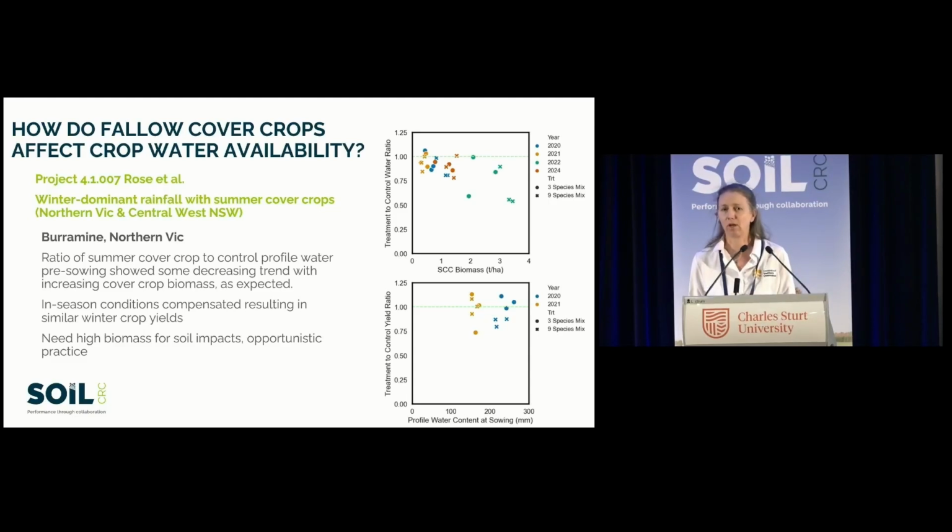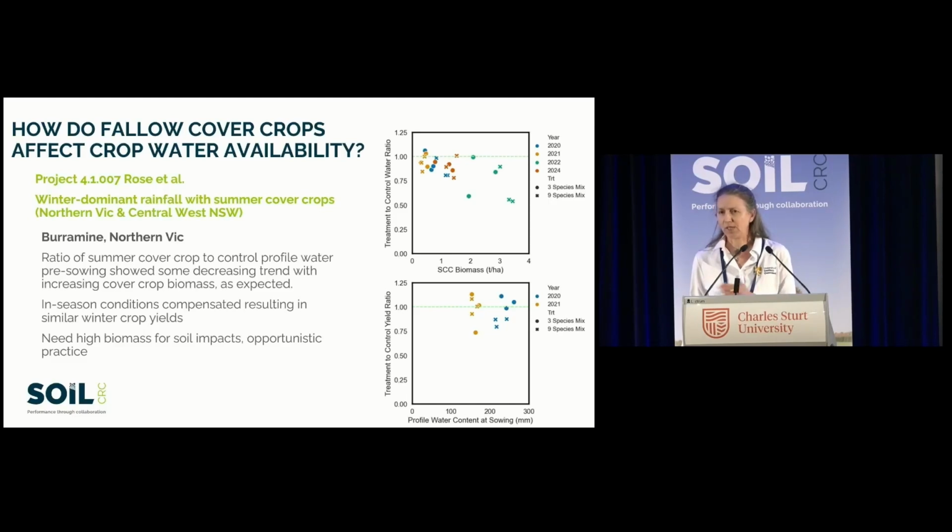The control is a canola wheat rotation with no cover crop in the summer. The one-to-one line is the green line going across, and anything above that means there was more water at sowing than in the control, and anything below the line means there's less water.